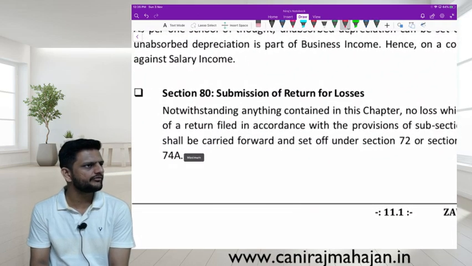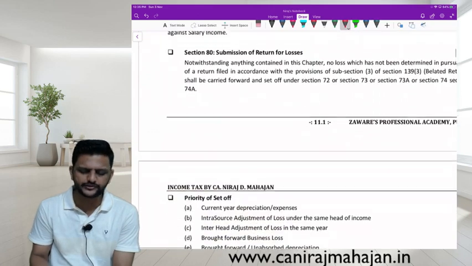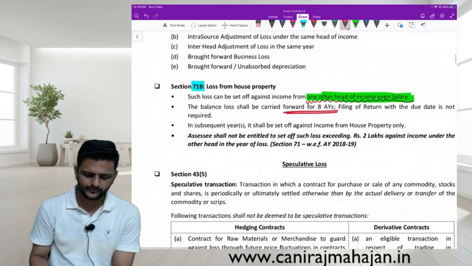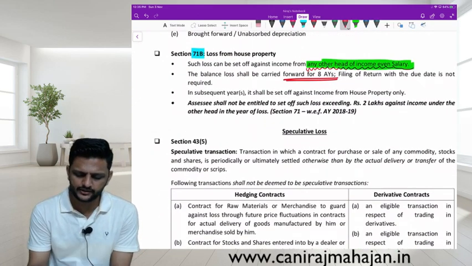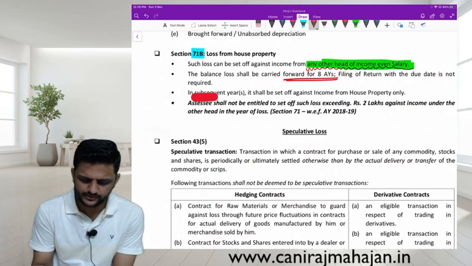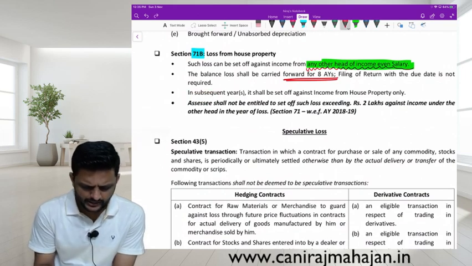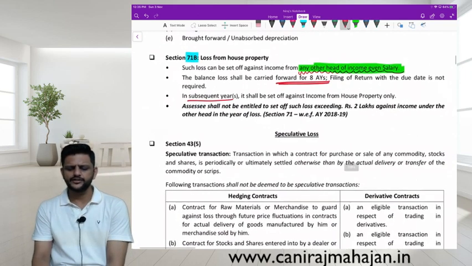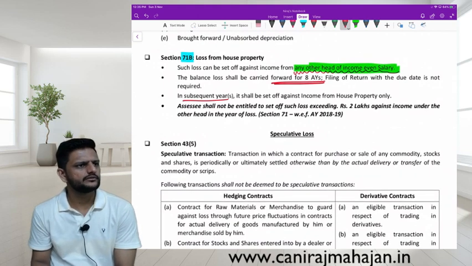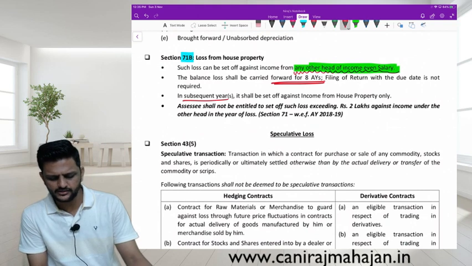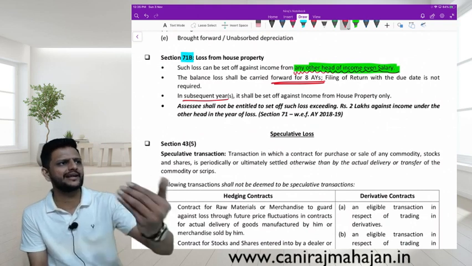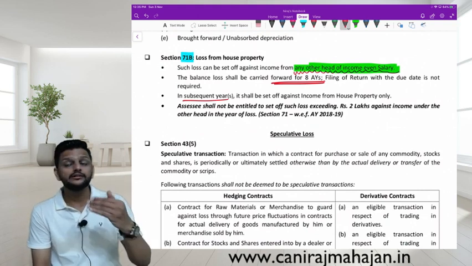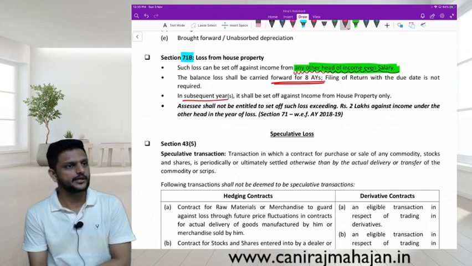Return means return of income. Okay, that also you will see in some time. In subsequent years. Now, what do you mean by subsequent year? Next year. Succeeding year. Okay.